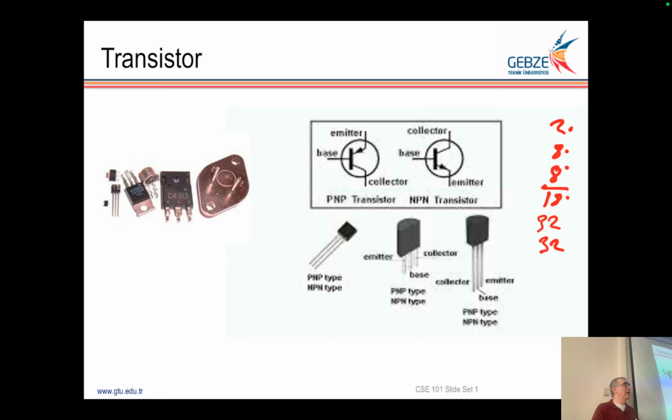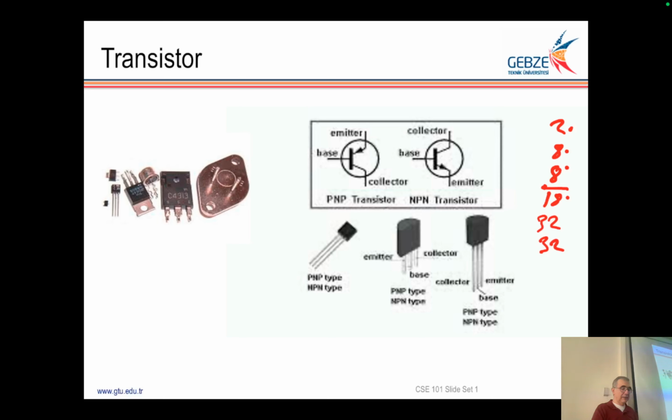So you can change the behavior of silicon by injecting additional atoms. So they are either p-type or n-type. And they are insulators.